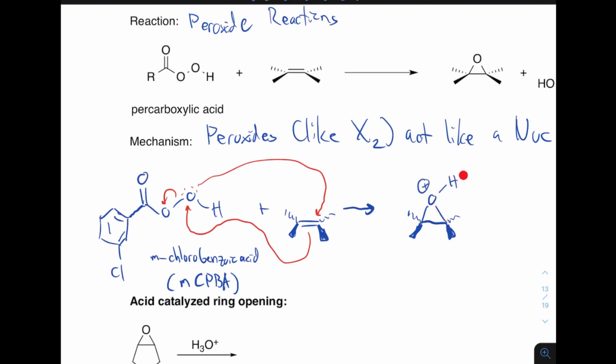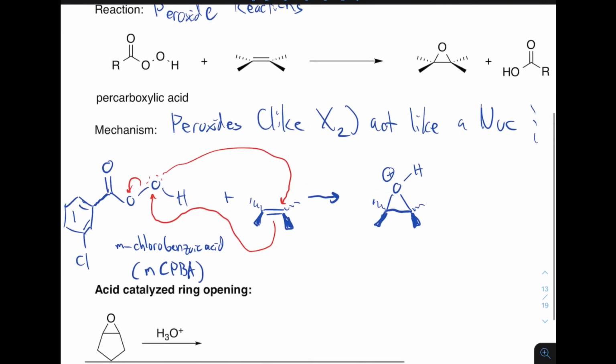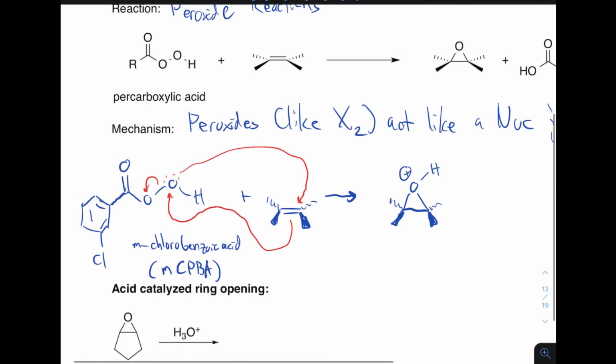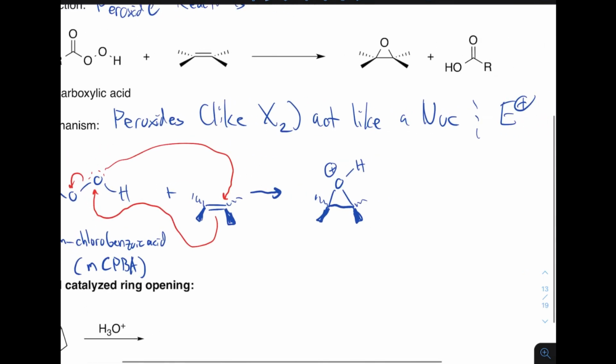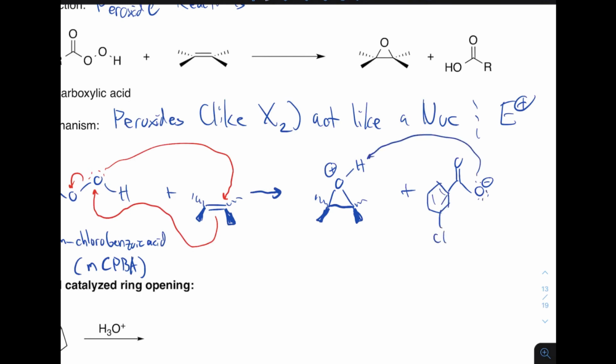And this is technically protonated, so we need to deprotonate it. We would do that through our formed O-, the conjugate base of the carboxylic acid, in order to get our final products, as listed above.